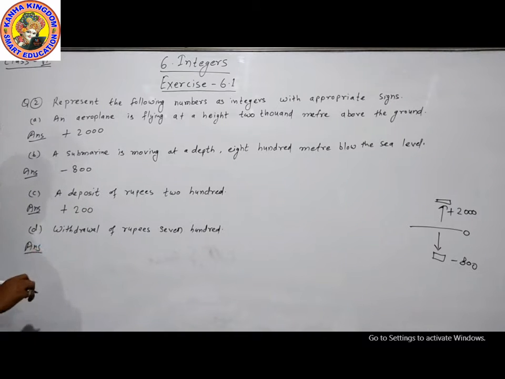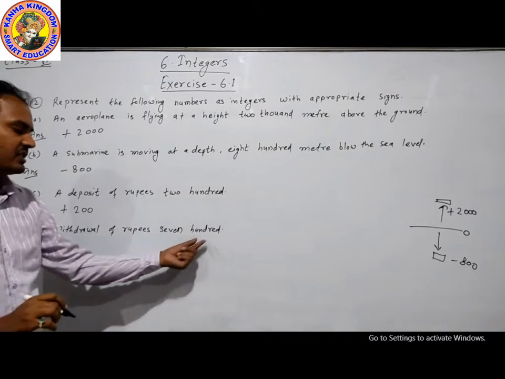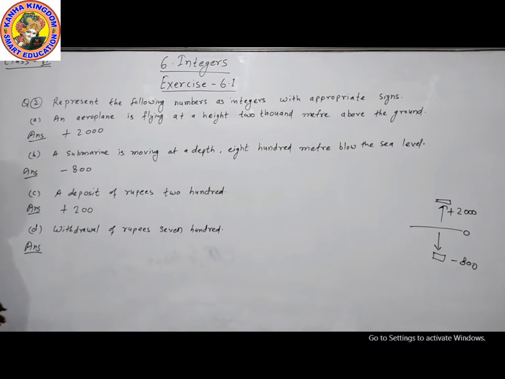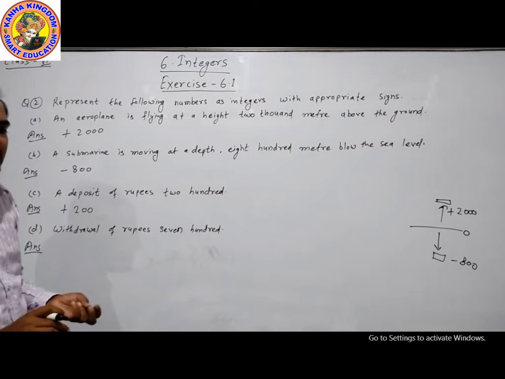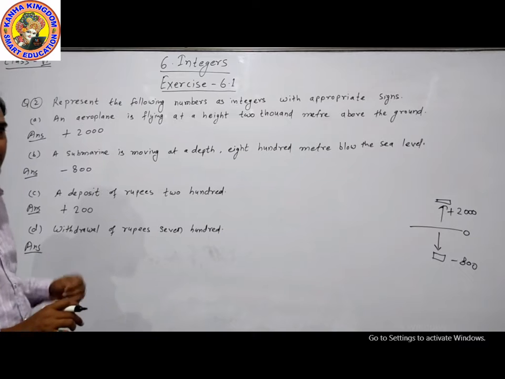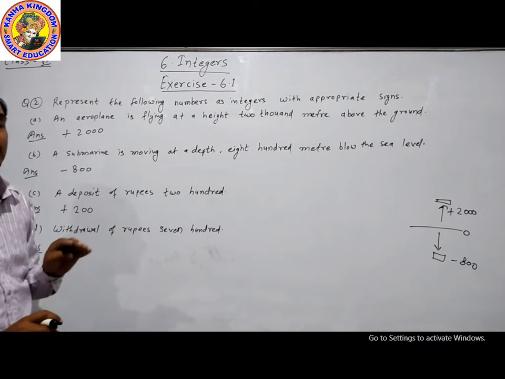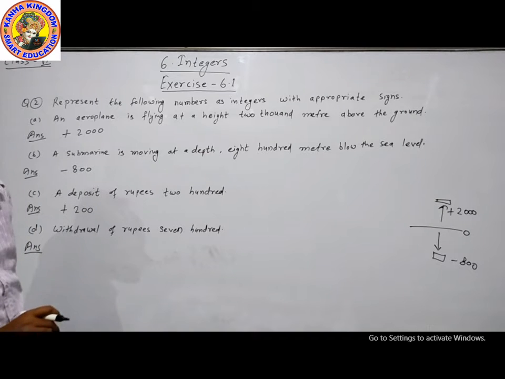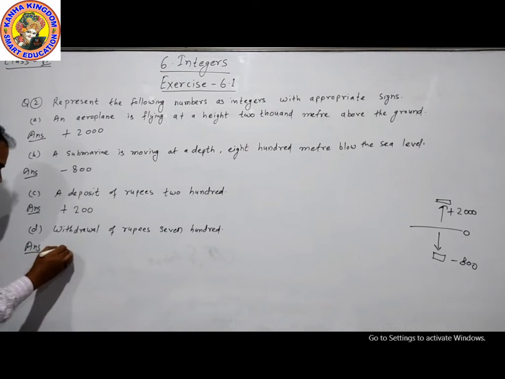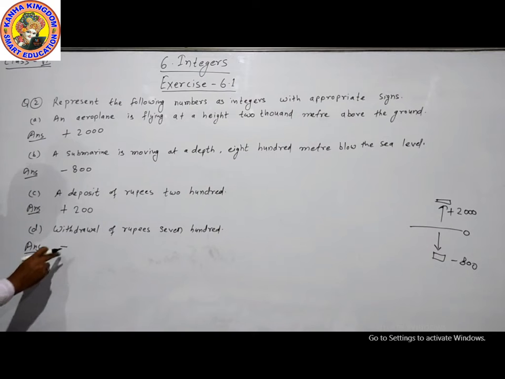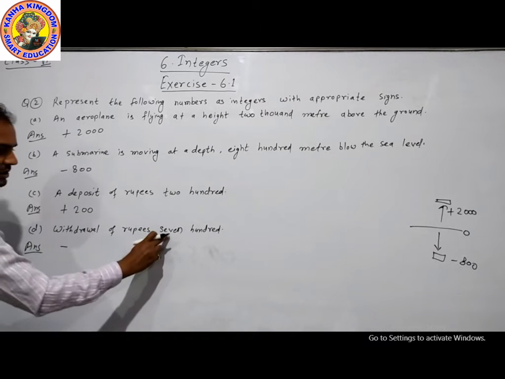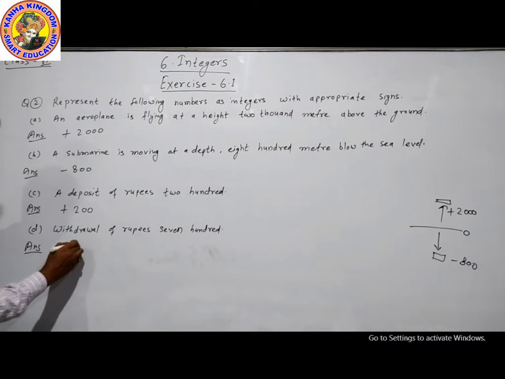Now next is withdrawal of rupees 700. When we withdraw, we take the amount from our account. The amount in our account will be decreased. In case of decrease, we will show by minus. So withdrawal is decreased, so denote by minus 700.